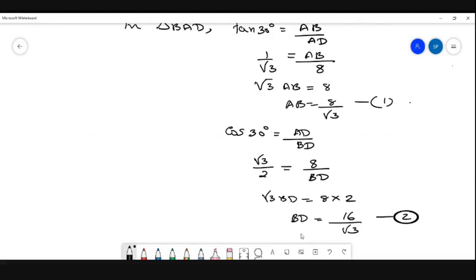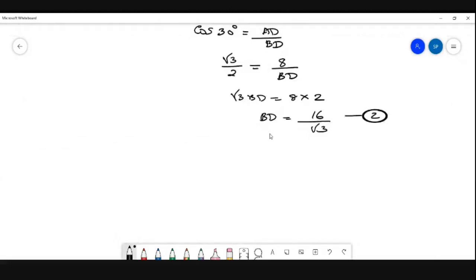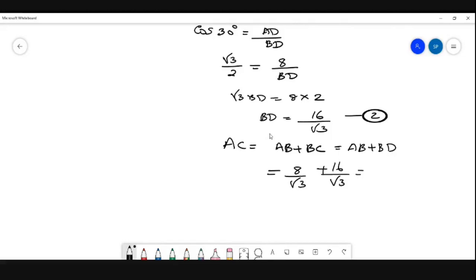Now we can see what is the height of the tree. Height of the tree is AC. Now we can say AC equal to AB plus BC. AB we got as 8 by root 3, and BC is same as BD. One more step, that is AB plus BD. So it is 8 by root 3 plus 16 by root 3.